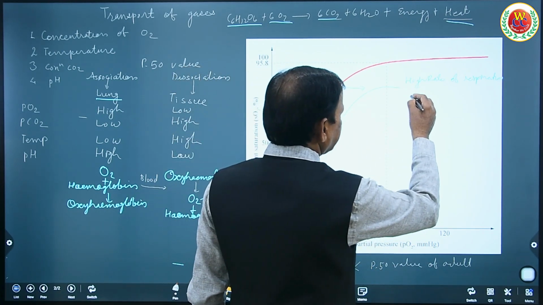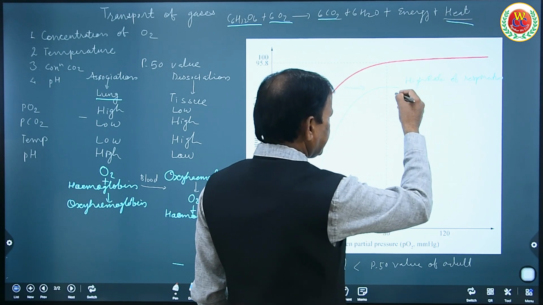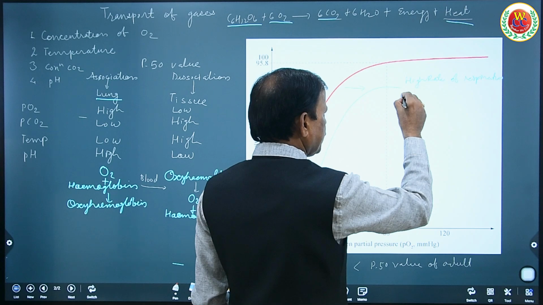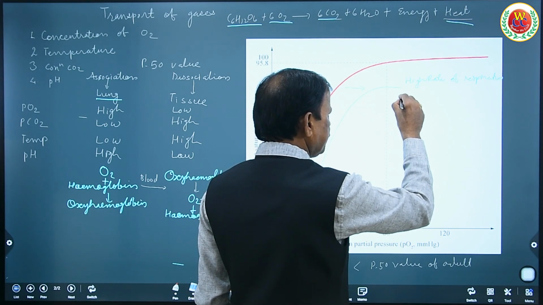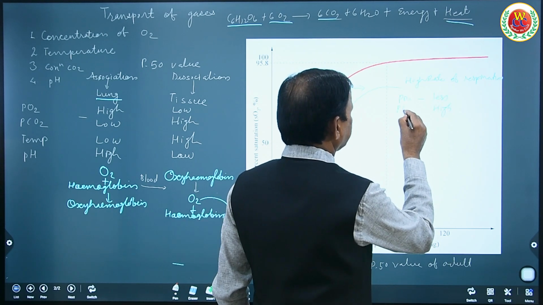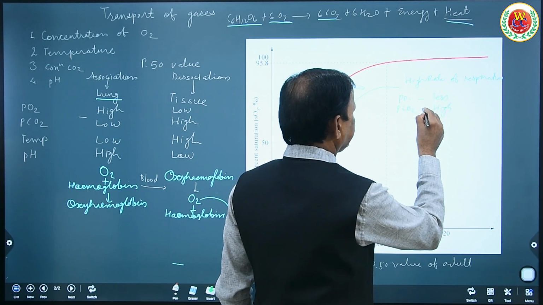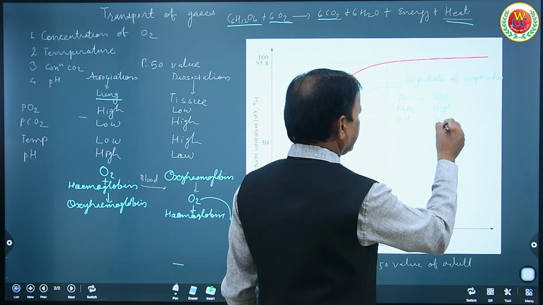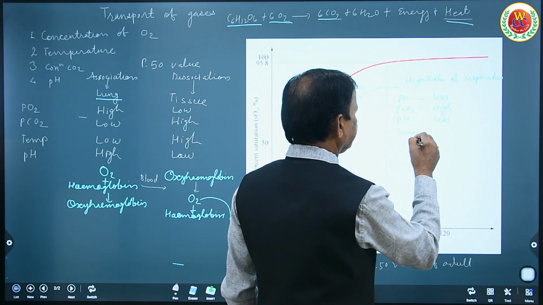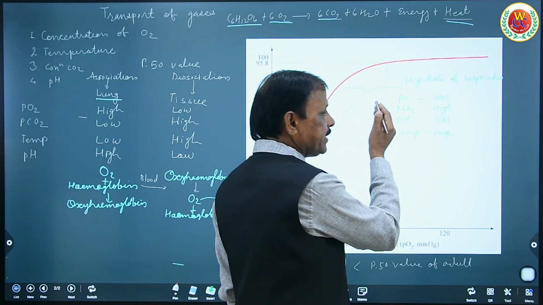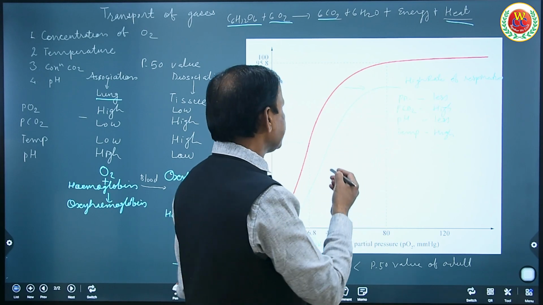At the site of the tissue there will be a high rate of heat production. So PO2 is less, PCO2 is high, pH is less, and temperature is high. The P50 value increases when the curve turns towards the right-hand side.